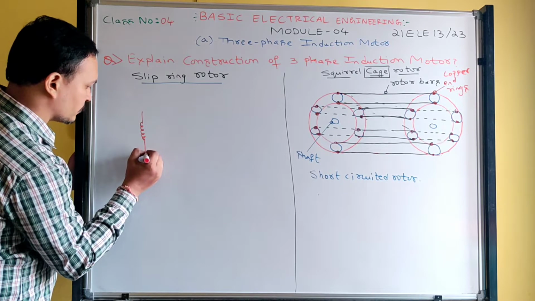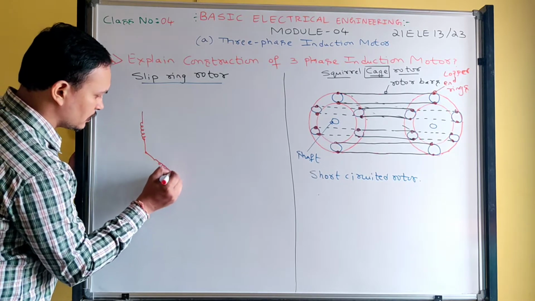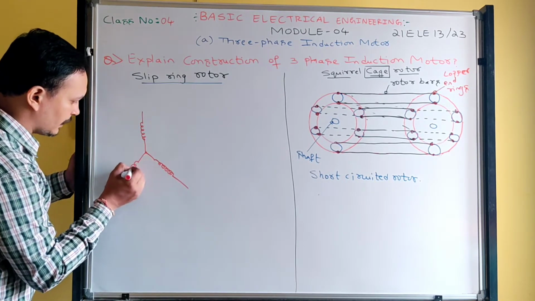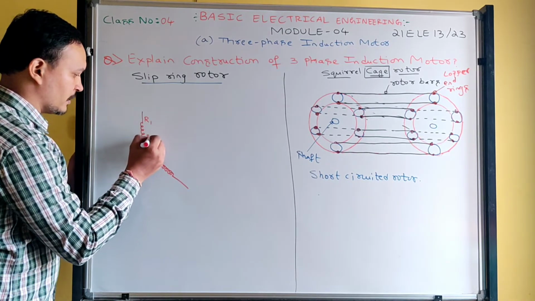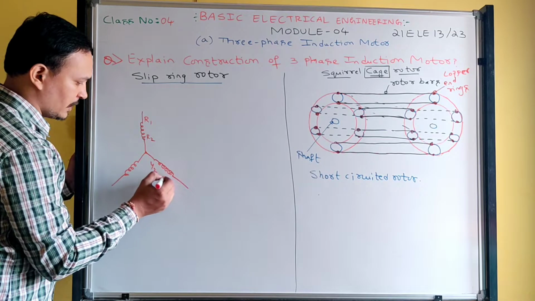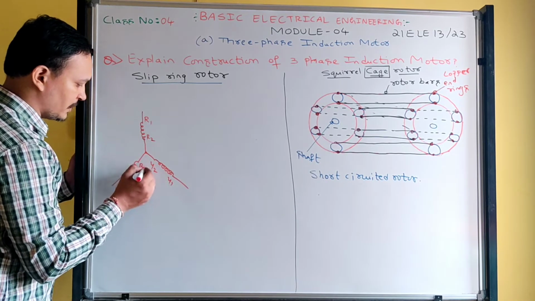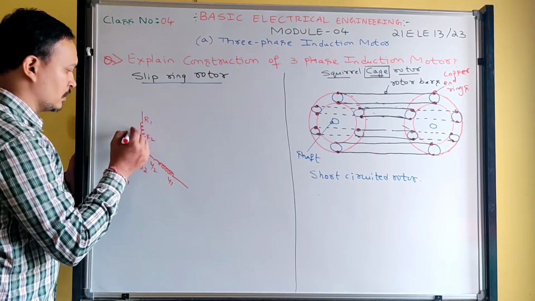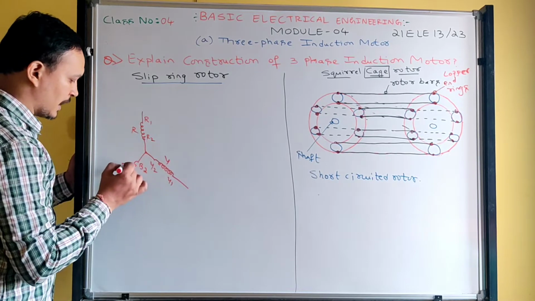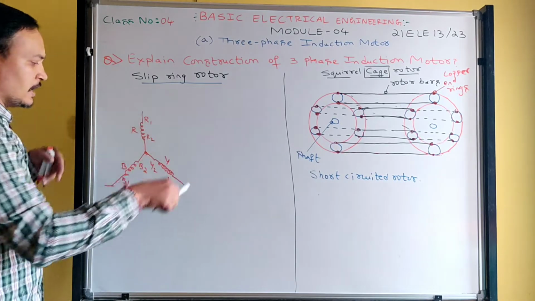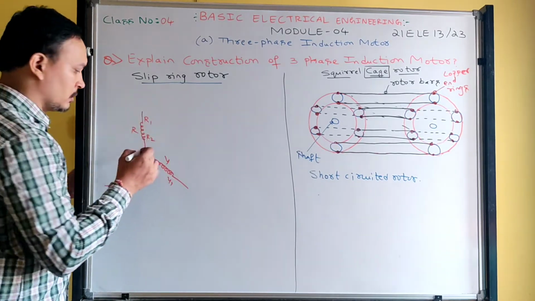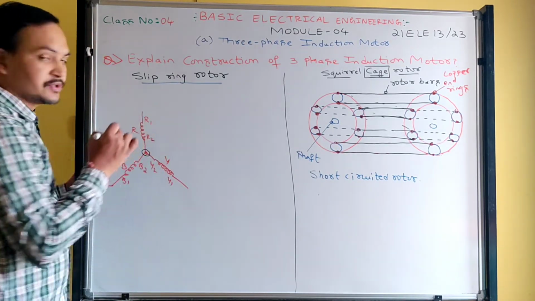This is R phase winding, this will be Y phase, and this will be B phase. R phase winding R1, R2, Y phase winding Y2, Y1, B phase winding B2 and B1. Now this entire rotor winding is mounted on the shaft.